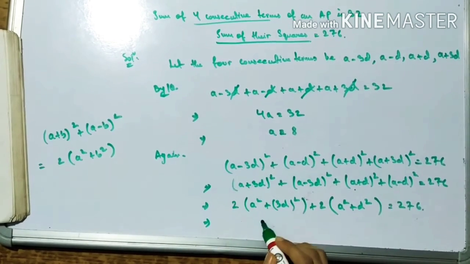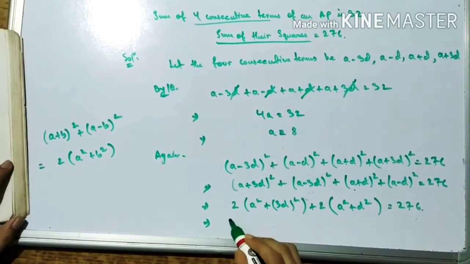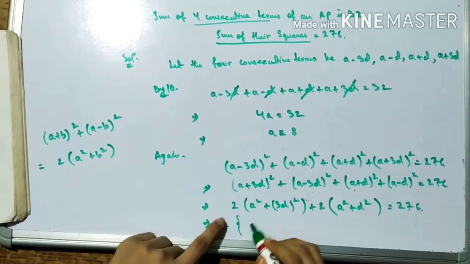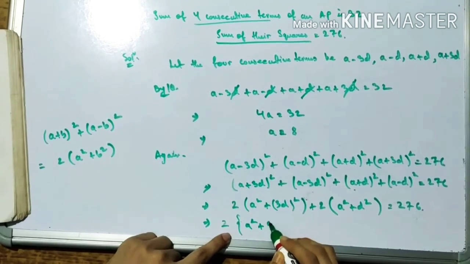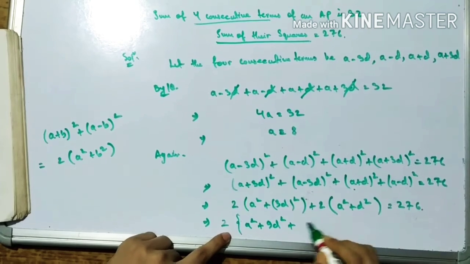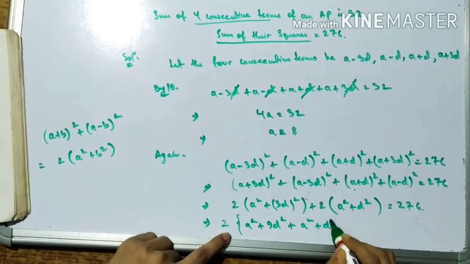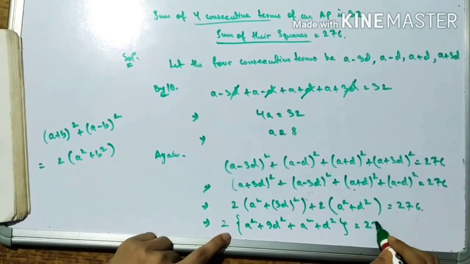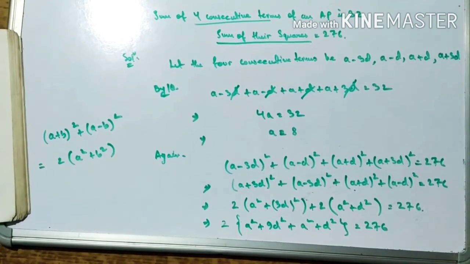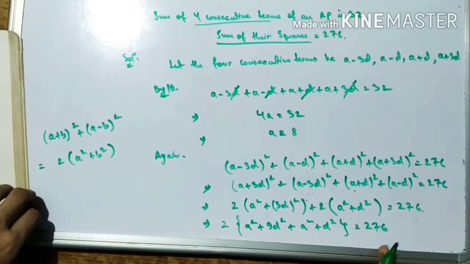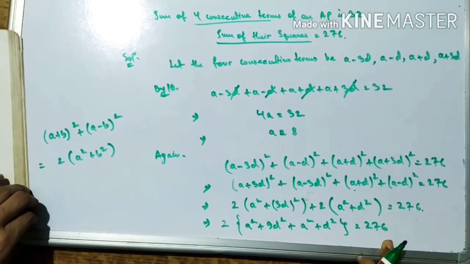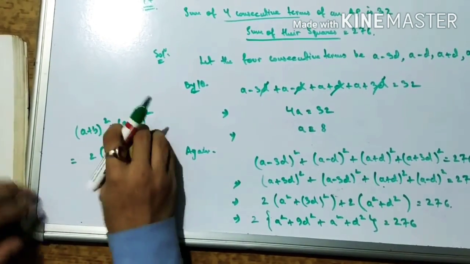Now 2 I can take common. So ultimately I will get a square plus 9d square plus a square plus d square is equal to 276 by 2.